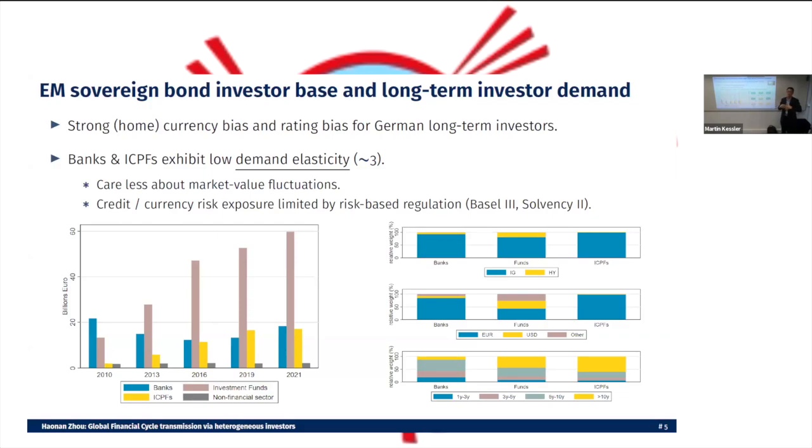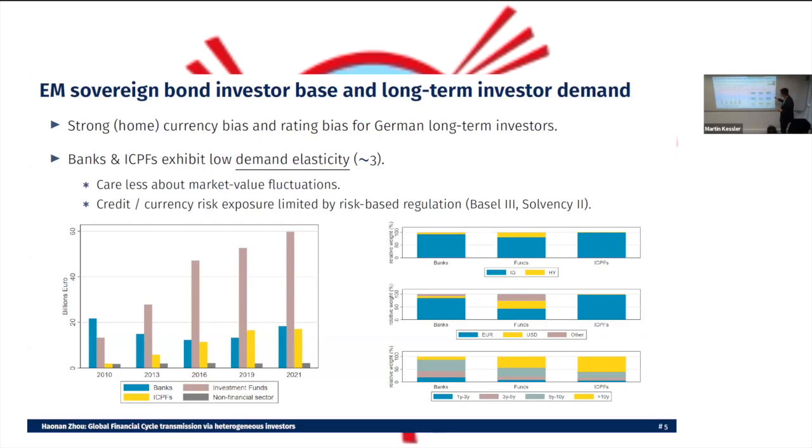So the idea is that they have a very strong home currency bias, even after controlling for observed and unobserved issuer-level fundamentals. These investors are constrained in terms of holding currency risk, as well as credit risk, if you look at the top panel. So these long-term investors are really facing a very different nature of constraints, and as a result exhibit a different nature of demand for these countries.